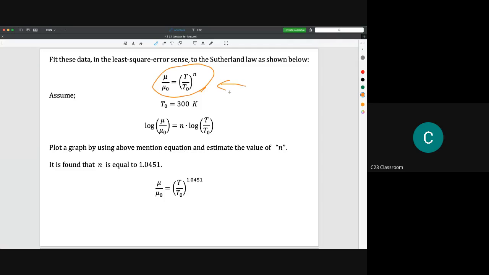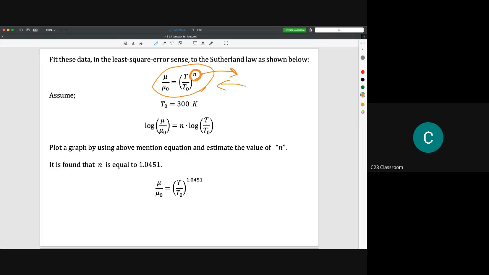What we need to do is determine the value of n here. In certain textbooks, they will give you a few numbers for certain gases, but the idea of this question is how the numbers come about. So let's say we have an unknown value of n here.